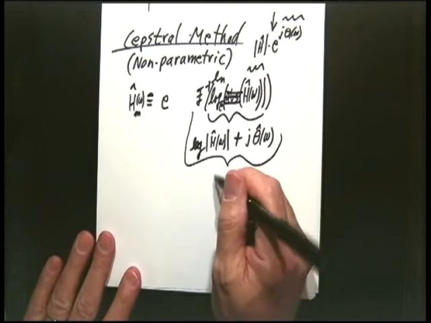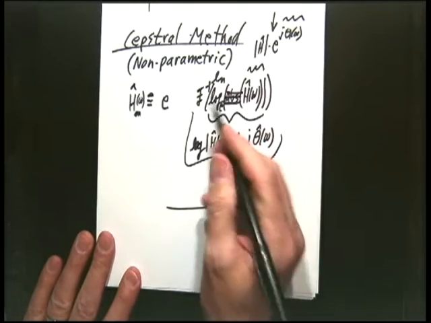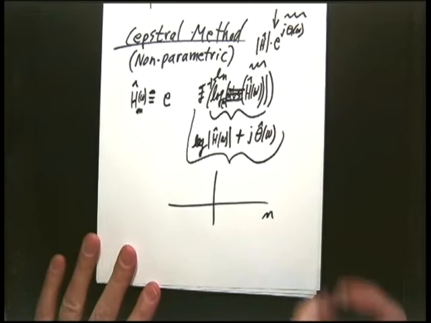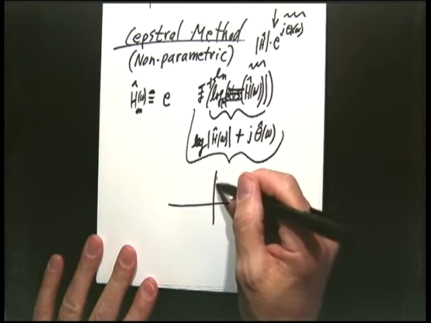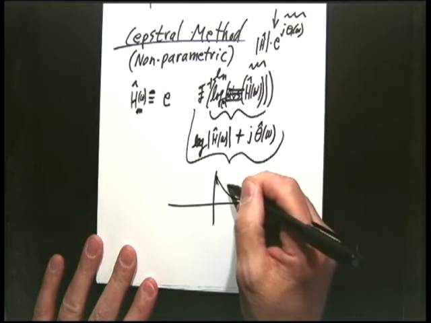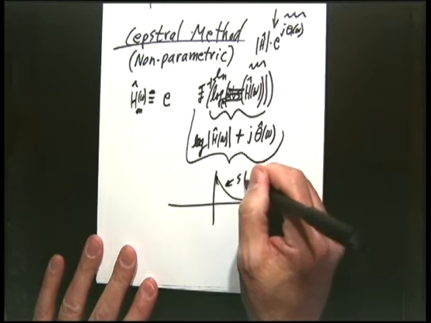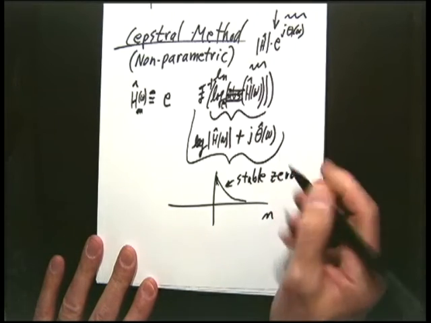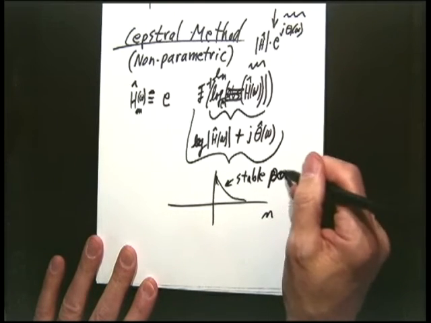And that is that in the time domain, the Cepstral domain, the complex Cepstral domain, you've got exponential decays for every stable pole. I'm sorry, stable pole.